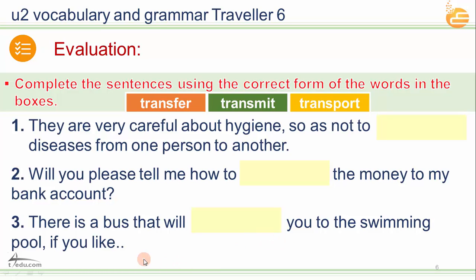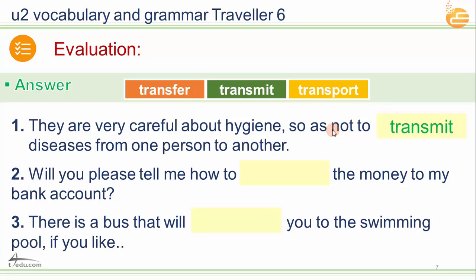So, of course, the first one, they're very careful about hygiene so as not to diseases. Look at diseases from one place to another. So diseases are not signals, and they are not goods. So they're very careful about hygiene so as not to transmit diseases from one person to another.